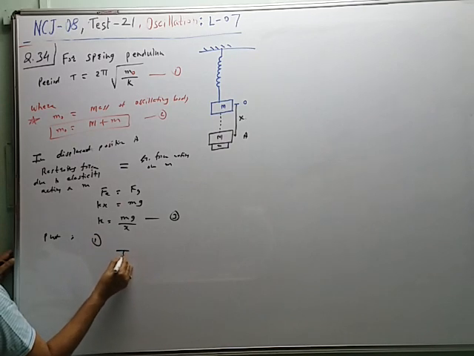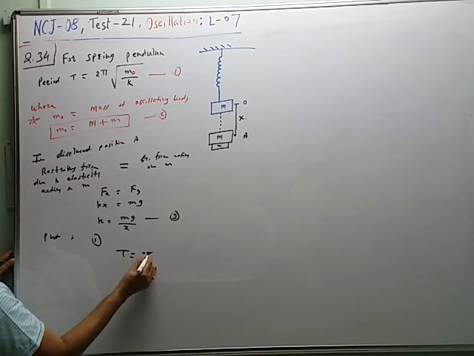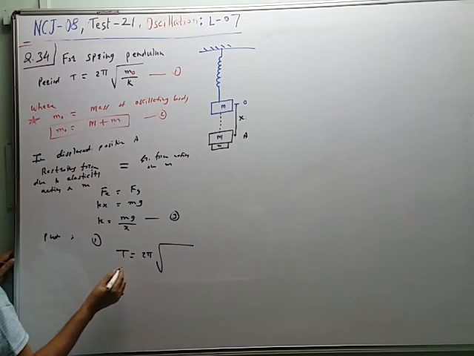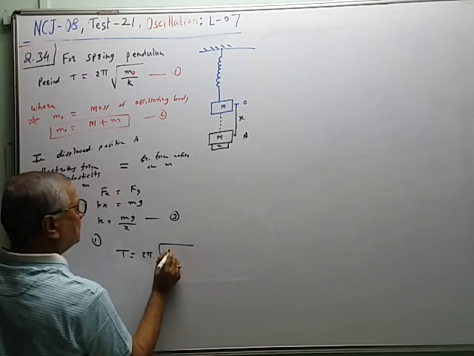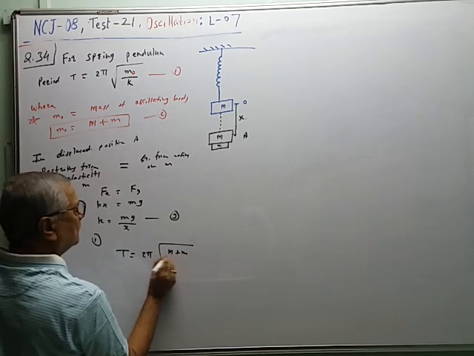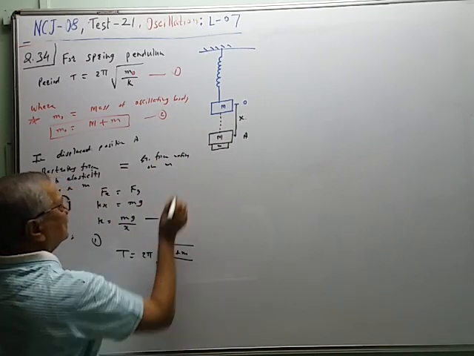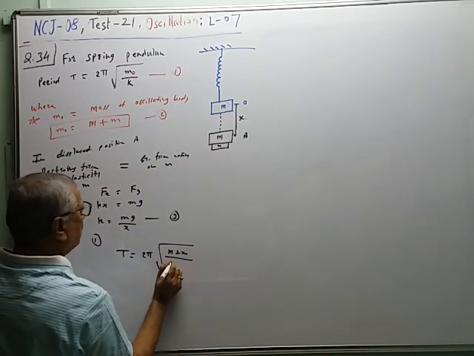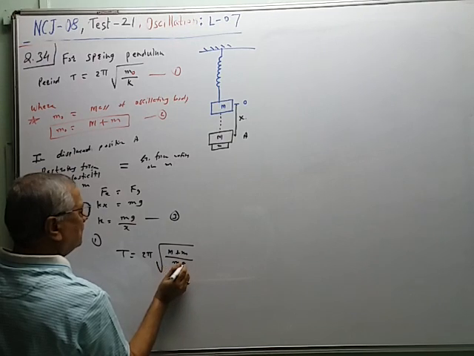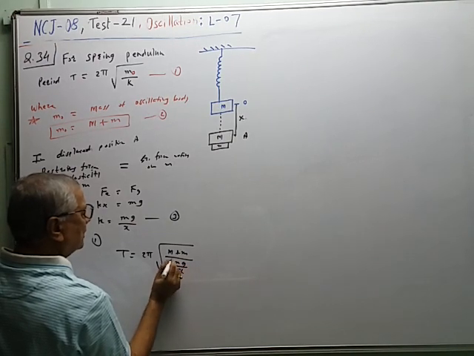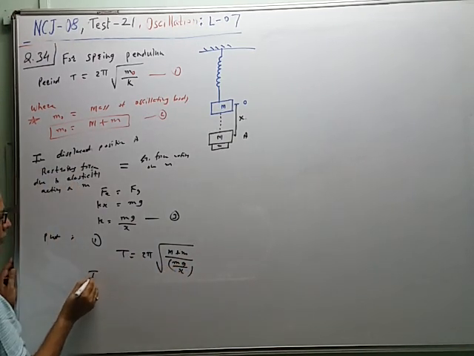So from 1, therefore period capital T is equal to 2 pi multiplied by under root of M0 is equal to M plus m. This m is used to eliminate the spring. This is its equilibrium position, m into g upon x. So this x will go up.